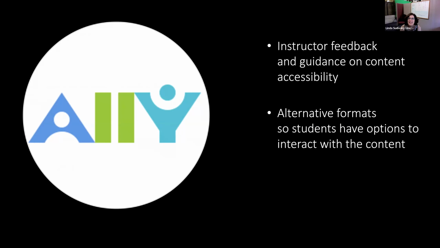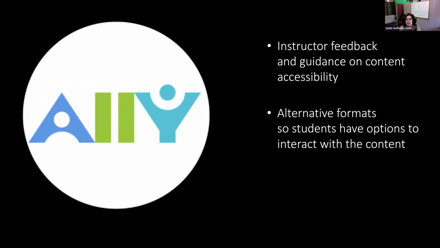The thought about alternative formats is basically that what you put into it is what you get out of it. If you put in Blackboard a piece of content or a document that's not accessible, the alternative formats will not miraculously be accessible. They will have similar accessibility issues.